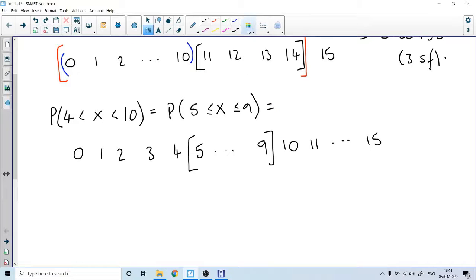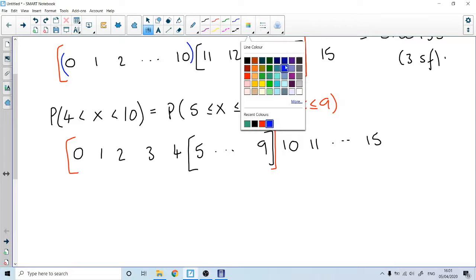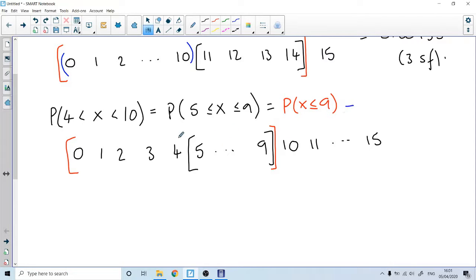So we're going to use the same method as before. We're going to work out this red bracket here. So what's the probability of x being less than or equal to 9? And we need to subtract the probability from 0 up to 4. So subtract the probability of x being less than or equal to 4.